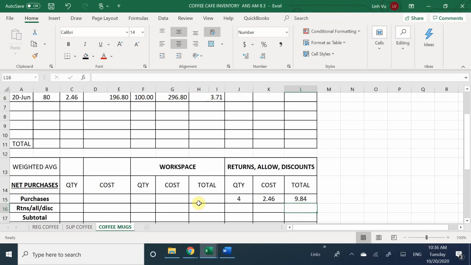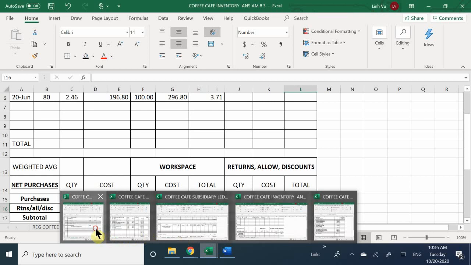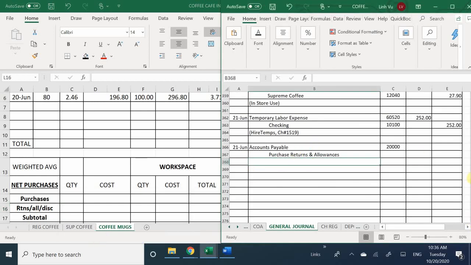Okay. All right. So now we can go to our journal and tally those in. $984. All right. Now, can someone tell me what is the account number for the purchase returns and allowances?